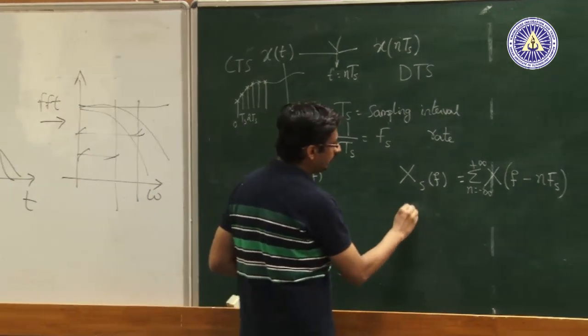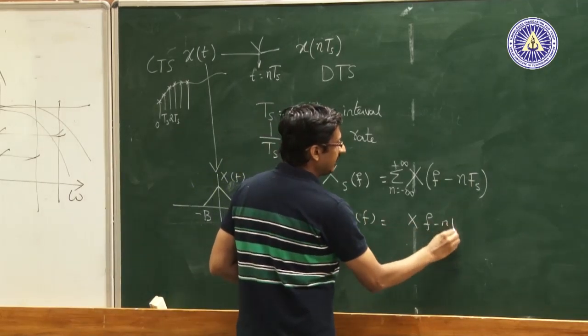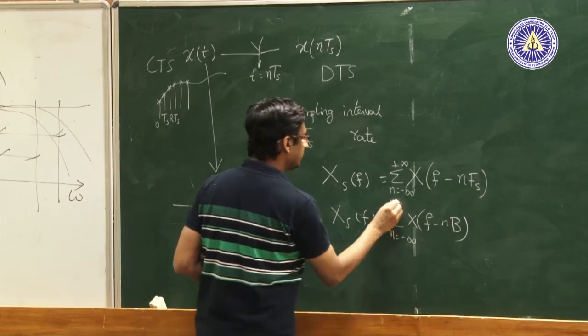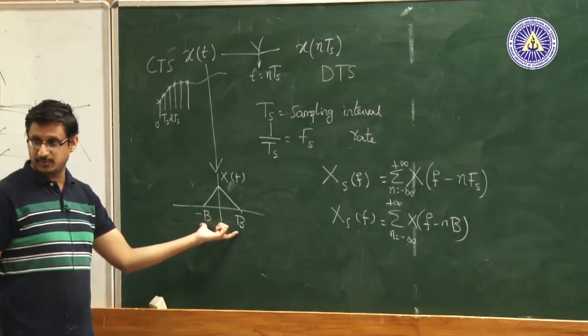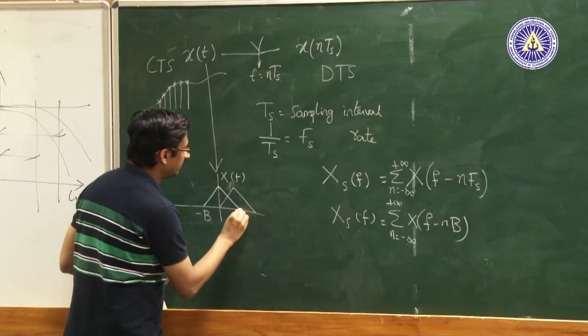Suppose Fs is equal to B, then what would we mean? How do we obtain this Xs of f? This would be X of f minus nB. Period from minus B to plus B by a value of B. So, I am going to get a spectrum that would look like this.